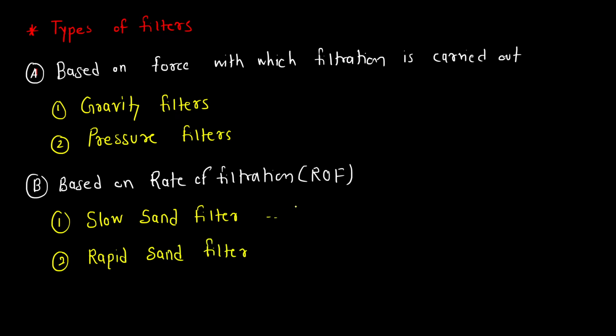What do we mean by rate of filtration? It is nothing but the rate at which water is getting filtered. That means in the slow sand filter, the rate of filtration is low, so it takes more time for the water to get filtered through this process.